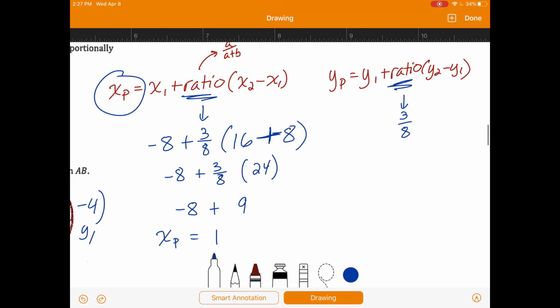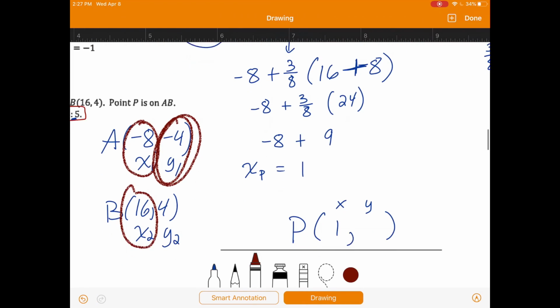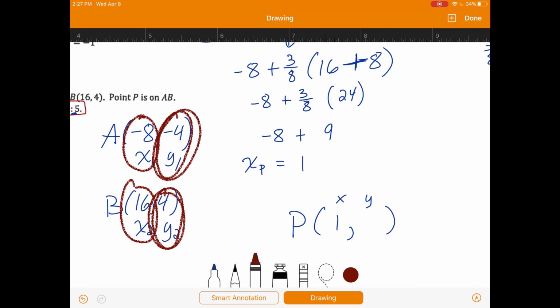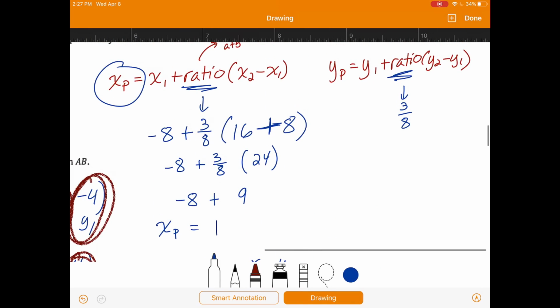This one over here. But now we're going to use the y values. So -4 and +4. So -4 was y1, so -4 plus the ratio is going to be multiplied times y2, which is 4, minus our y1, which is -4, again.